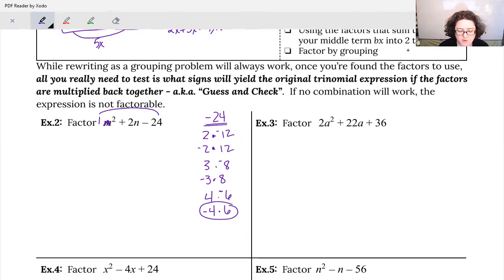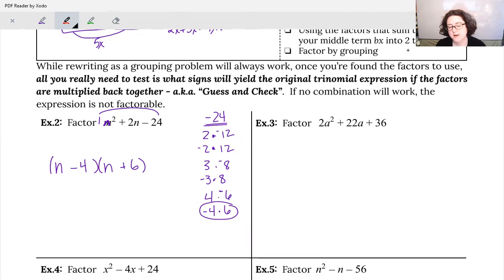Okay, n squared, well, there's only one way to get that. I can do n times n in the front of my expression. I chose negative 4 and positive 6. So now let's check that our multiplications work. We already know that n times n is n squared.